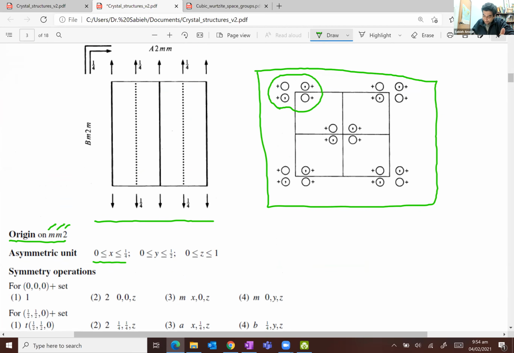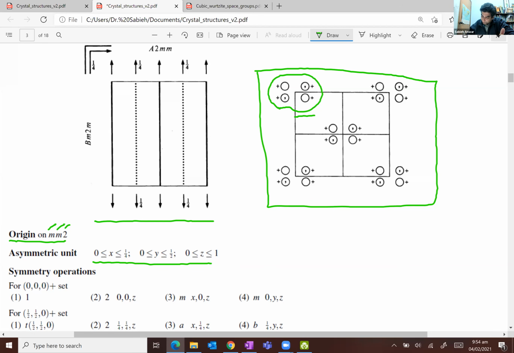Now here we have an asymmetric unit. If I look at the asymmetric unit, x is between 0 and 1/4, and y is this.